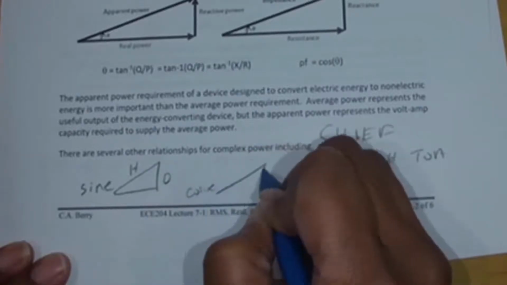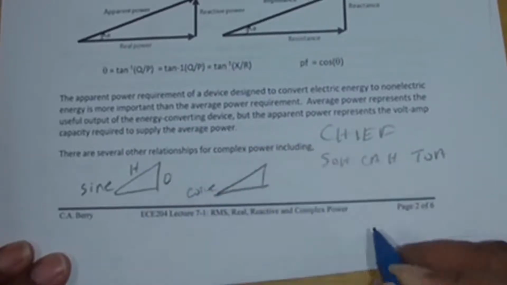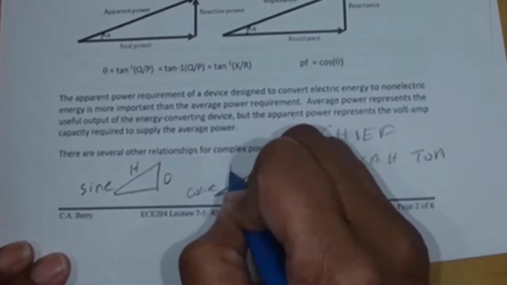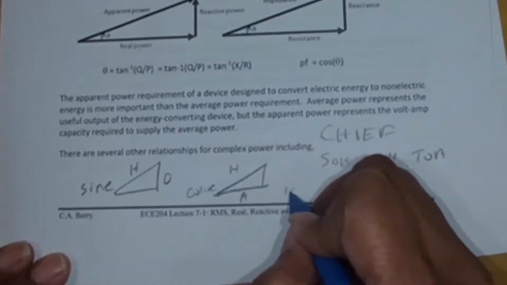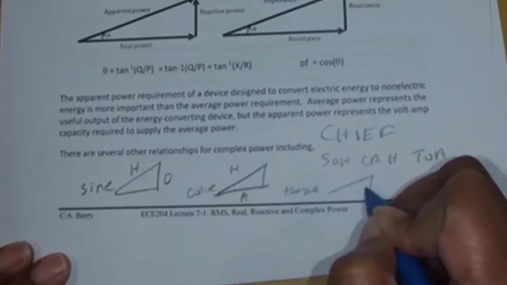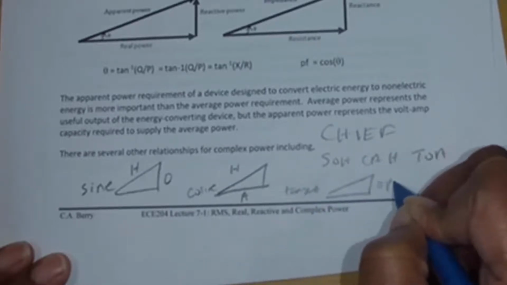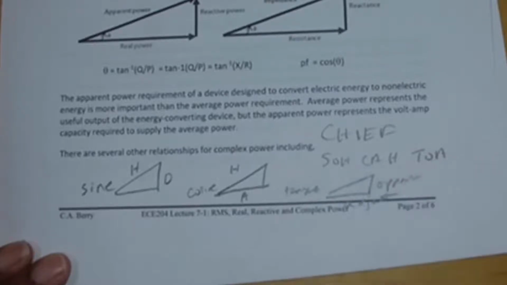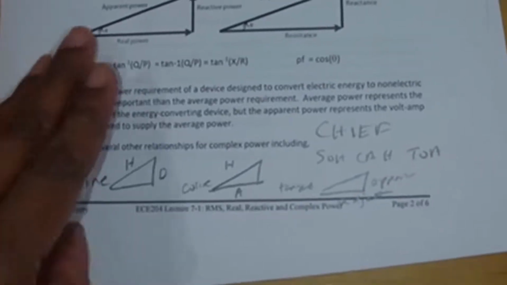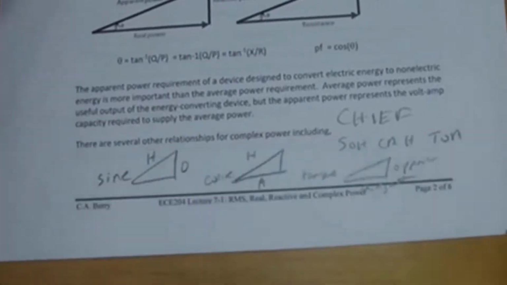Cosine is adjacent over hypotenuse, and tangent is opposite over adjacent, okay? So I can give you these values in terms of the triangle by giving you angles or numeric values, and just by using trig properties, you ought to be able to find those other values.